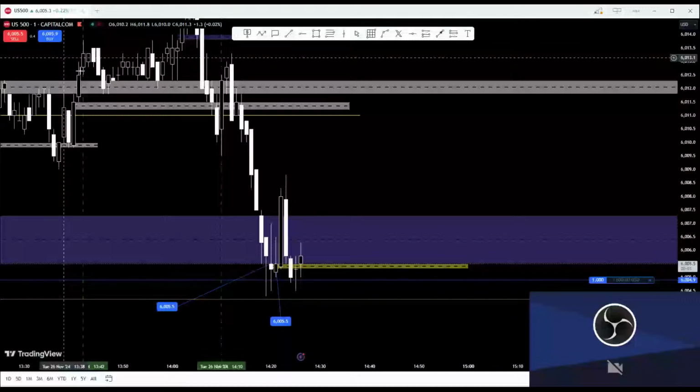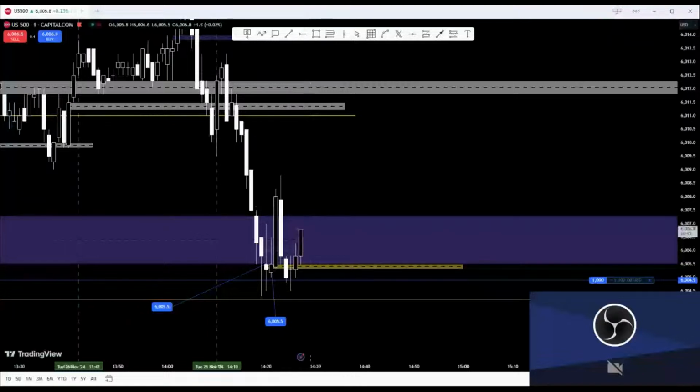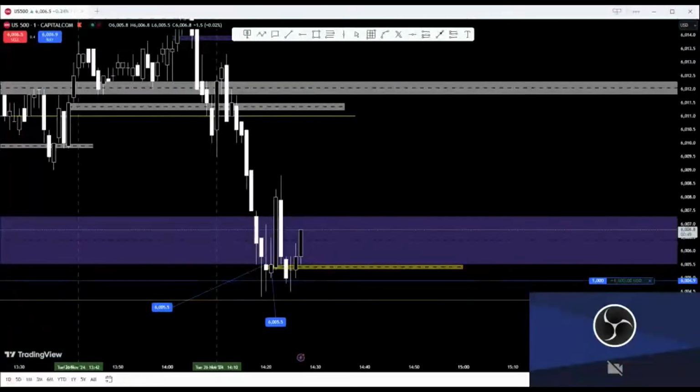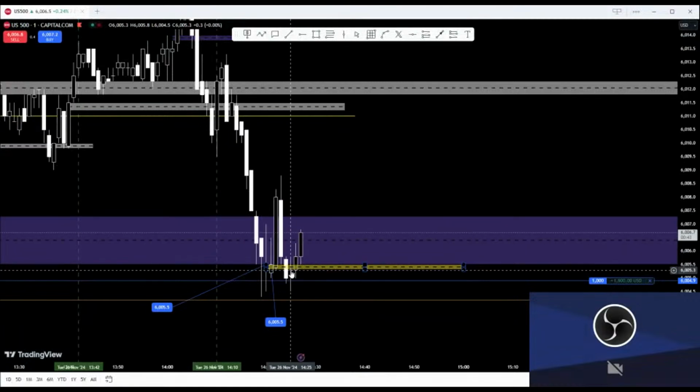Watch it. 1 to 2. Think of it, the swing point was only confirmed with this candle.